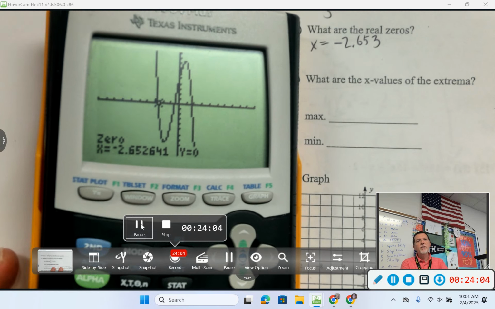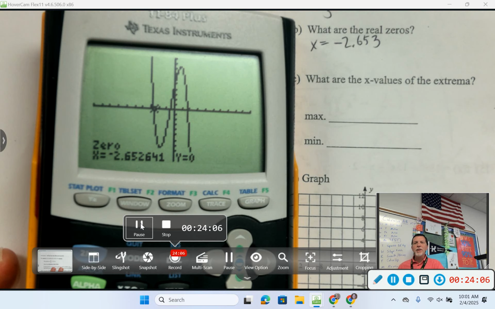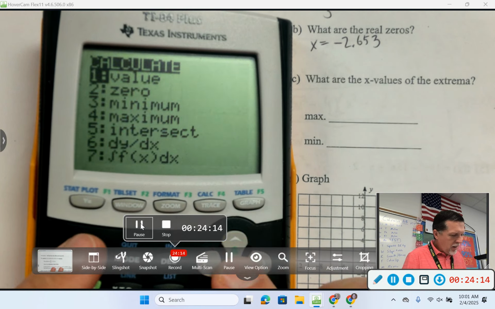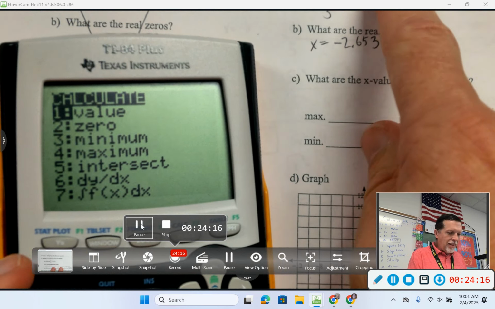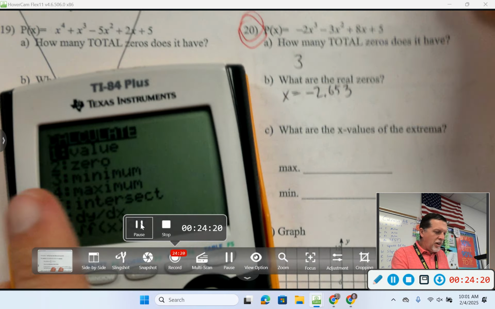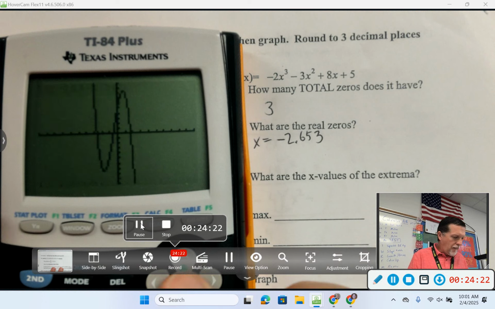All right, so again, to Jeremy's question, there's one of my zeros. Is that some fancy square root of something over something? Probably, but who knows? The directions said round to 3 decimal places, so that's the kind of answer we're expecting on that one.